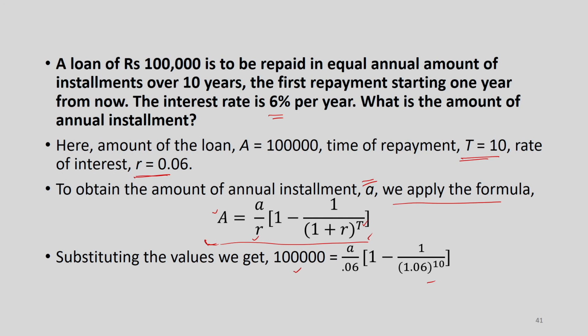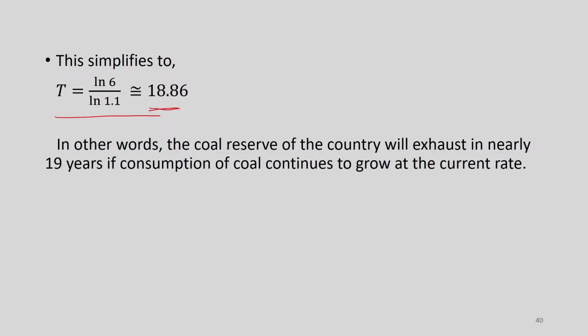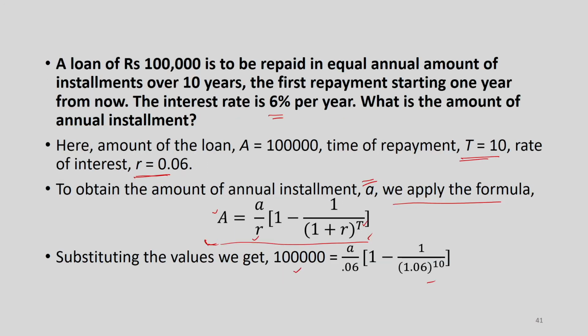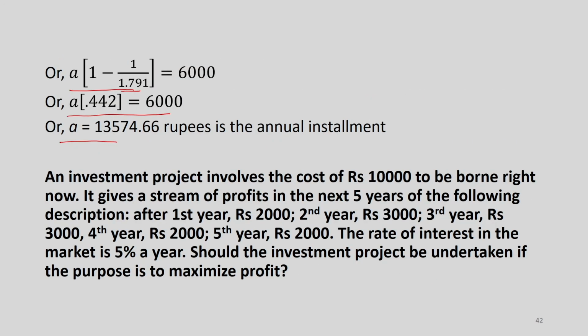Here each year he is paying about 3,500 rupees more than 10,000 rupees, and that is because he is paying the rate of interest, a 6% rate of interest. So, this additional 3,574 is due to the rate of interest component.